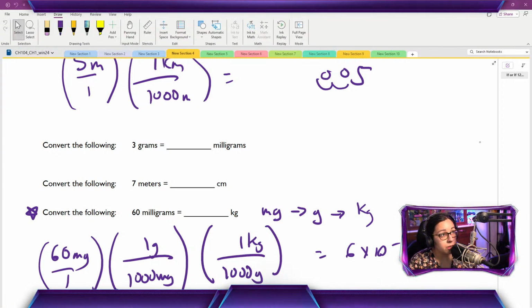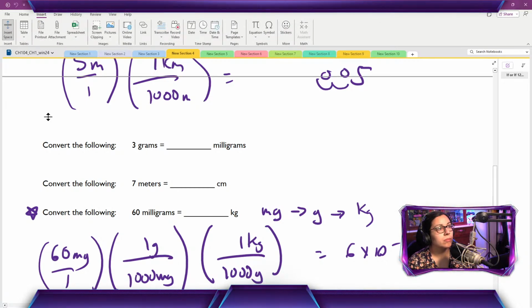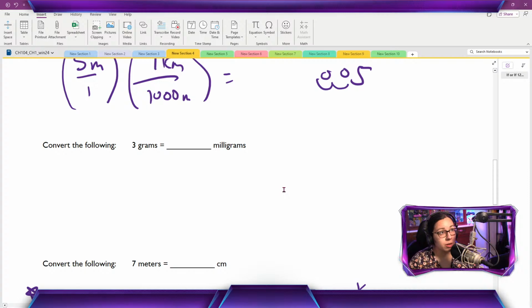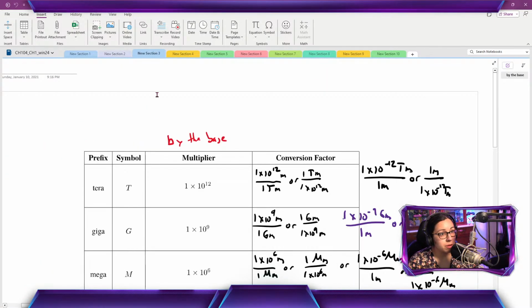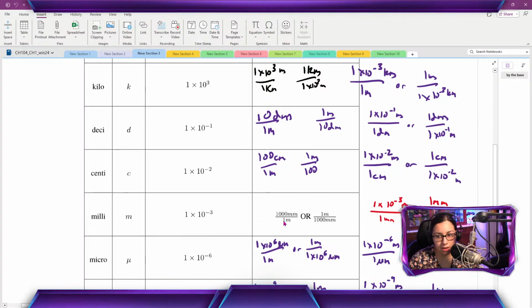All right, so let's go ahead and work through this. We're doing 3 grams to milligrams. As a reminder, you should have this filled out, so this would help you. And again, I'll post notes today so you can double check everything. Grams is our base unit, so we can just use this conversion factor.